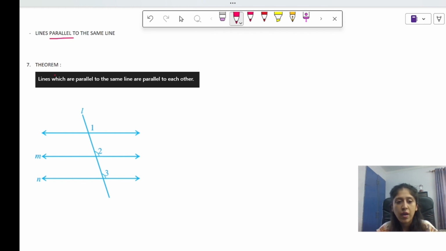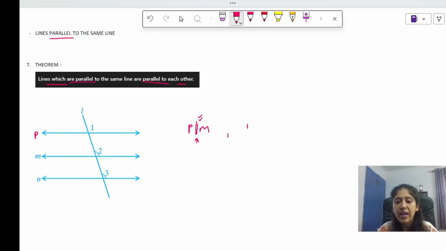ठीक है. Okay. Now the lines which are parallel to the same line are parallel to each other. What does this mean? If I say that my line P and N, they are parallel to each other. If I say P and M, they are parallel to each other. ठीक है, अगर मैं कहती हूँ P and M are parallel, this is a symbol for parallel. ठीक है, ये जो मैंने symbol बनाया है, this is a symbol for parallel.